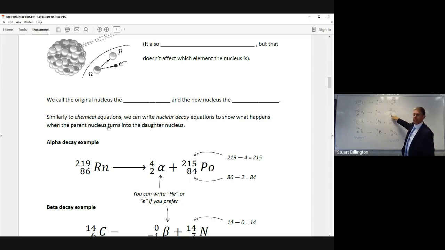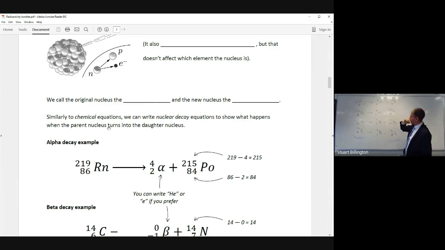So it'll be 86 protons instead. And it won't be 226 protons and neutrons altogether because 4 of them left. So there'll only be 222 left behind. So it turns out that element 86 is called radon, so we can write an Rn in there.